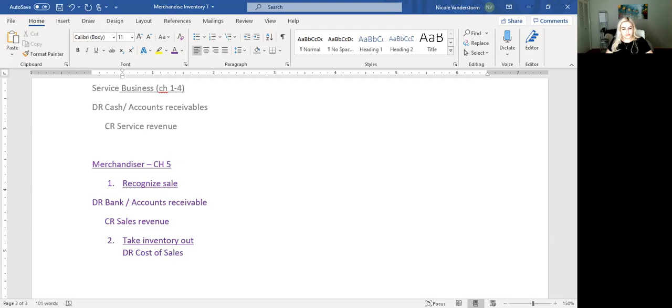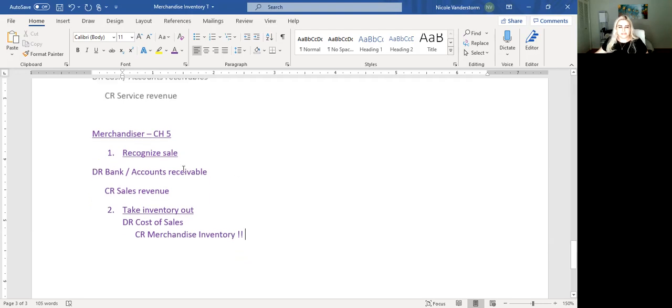And then you're going to credit merchandise inventory. All right, so let's just remember this. There's 2 steps to our journal entry. Every time we do a sale, the first one is that we're going to recognize the sale, and the second one is that we are going to take the inventory out with a separate journal entry.